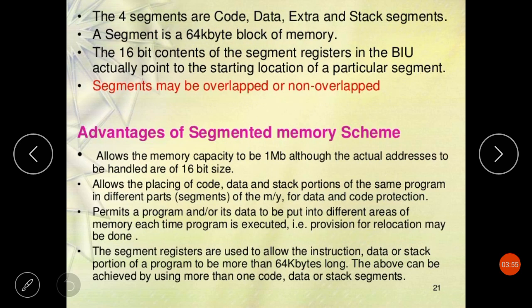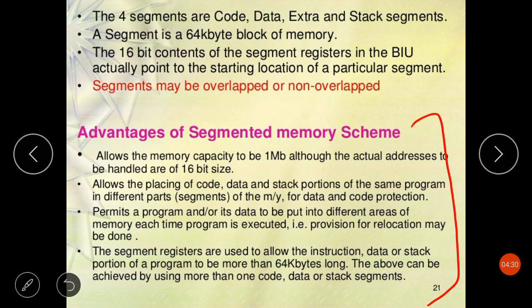Now coming to the advantages of the segmented memory scheme. The first advantage is that it allows the memory addressing capacity to be 1 megabyte even though the address associated with an individual instruction is only 16 bits. With a 16-bit address, the total number of memory locations we can access is 2 to the power 16.